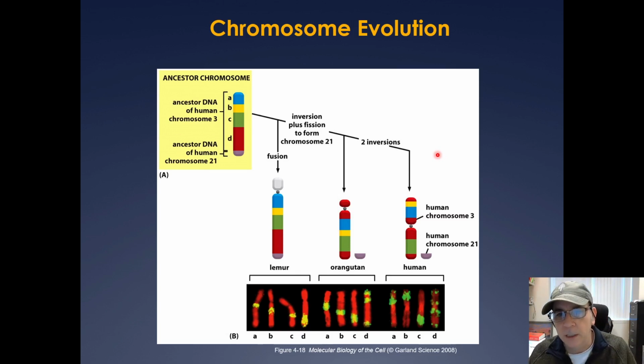This can happen because chromosomes can invert and they can recombine and then revert again. You can have all these inversions and things like that happening to rearrange the chromosomes themselves. And we'll look at some of the dynamic characteristics of the chromosomes when we get to mitosis and meiosis.